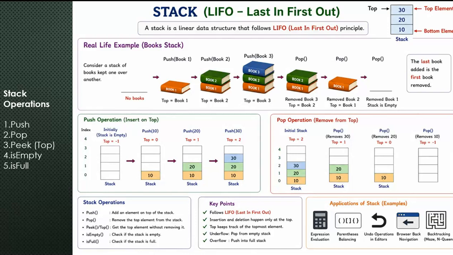Number 4 is empty. This checks whether the stack is empty. Number 5 is full. This checks whether the stack is full. These 5 operations form the foundations of a stack. These are very important operations. The key points to remember are push is to insert, pop is to remove.